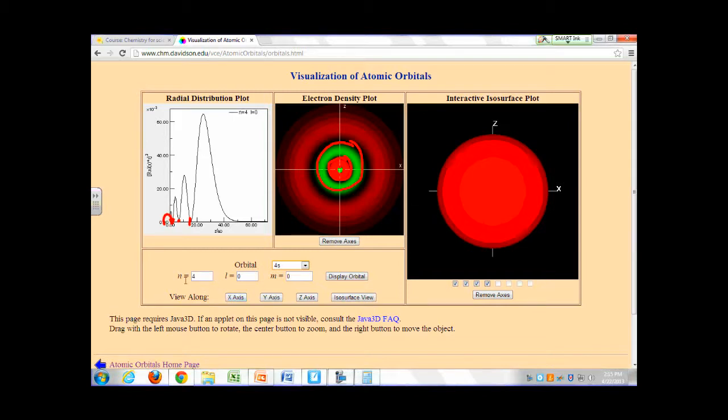Your function is changing sign from positive to negative, back to positive, back to negative. But your radial distribution function involves a plot of the square of the function, so it doesn't go negative here. It just gives you bumps in the function, and they go back to 0 at certain distances.